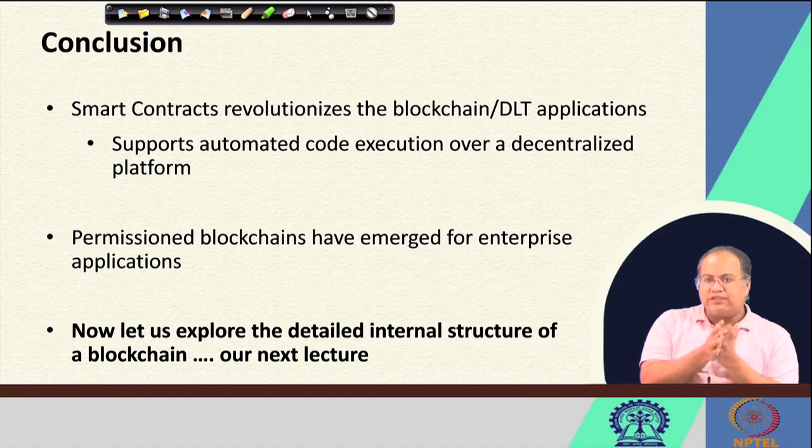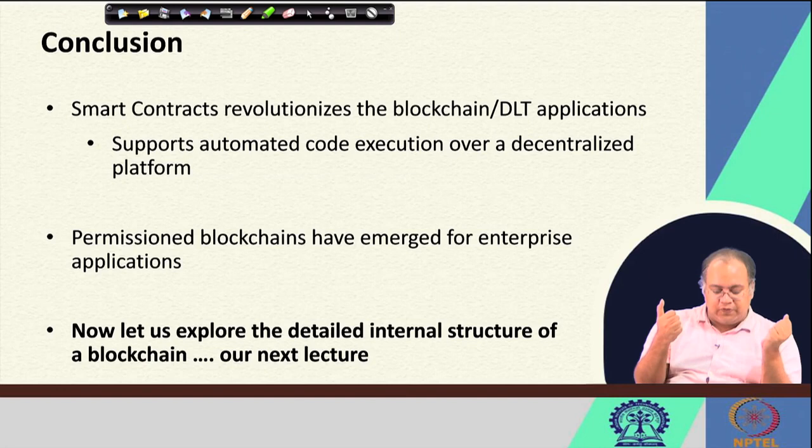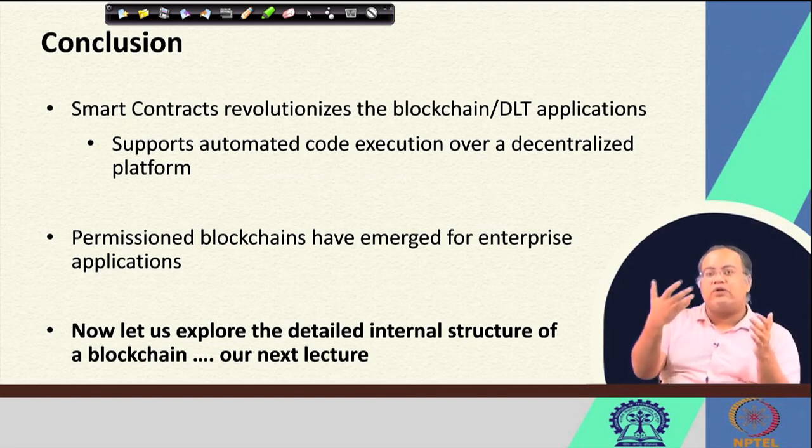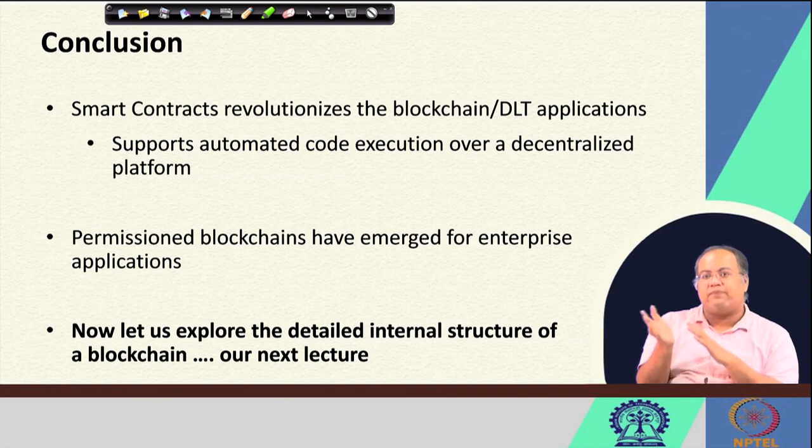In the last 4 lectures, I have tried to give an overall summarization of the technology. Now, gradually we are going to look into the technology in more depth. That means we are going to look into the internal structure of the blockchain, and then into the consensus mechanisms in detail, both for the permissioned model of blockchain as well as the permissionless model.